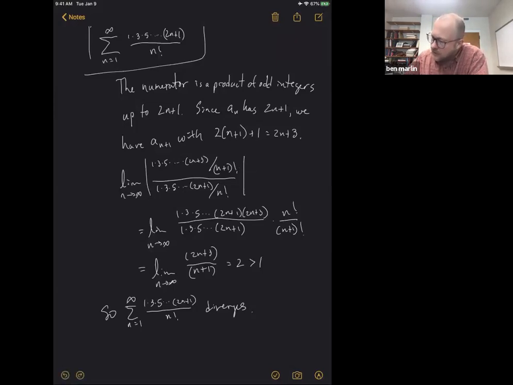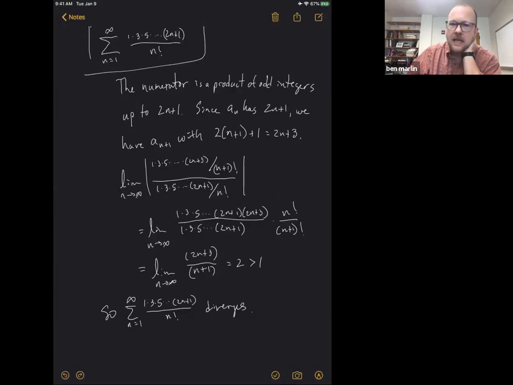So coming down here and putting the two numerators together, that numerator from the one with the n plus 1 is going to go 1, 3, 5, ... and it will include the 2n plus 1, but it will also, of course, include the 2n plus 3. So it is the same thing and then one more.